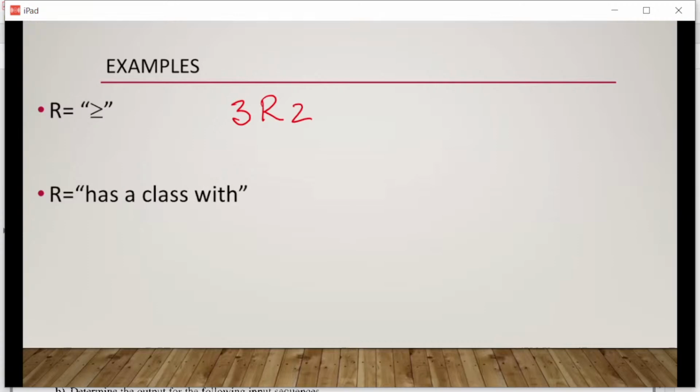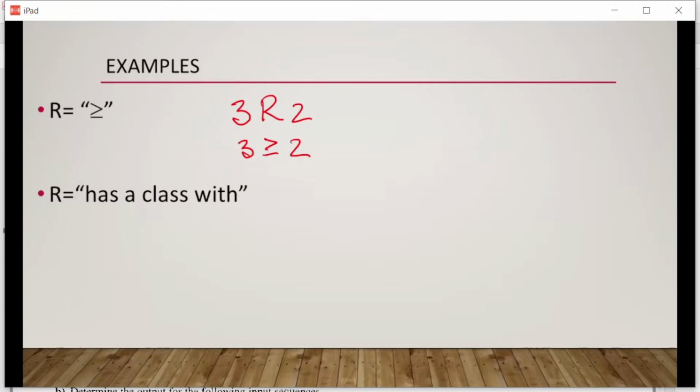We're replacing one symbol with another symbol, which is kind of dumb because we all know what this means. We're not really saving any space, or we're actually making things more confusing. However, we don't have a symbol that represents this relation, has a class with.